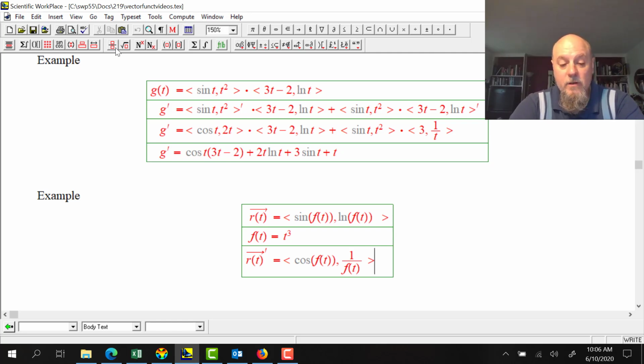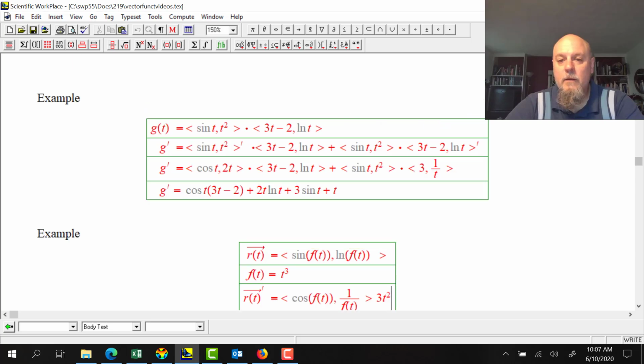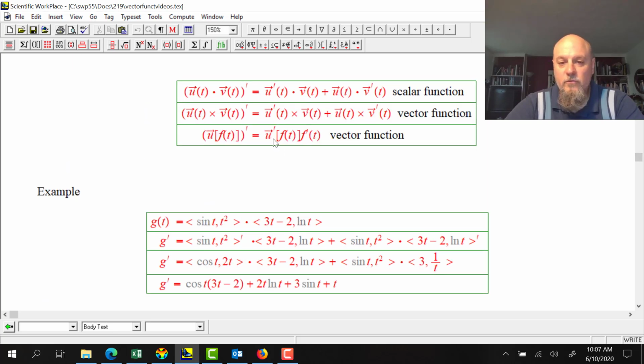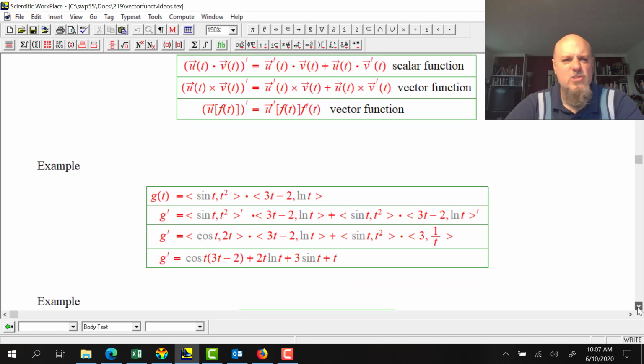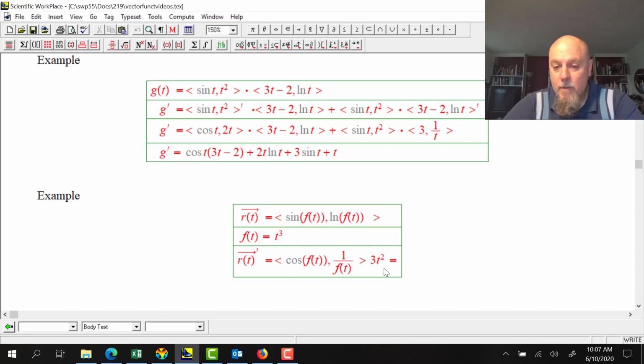So f prime is going to be 3t squared. So there I'm following this rule. I took the derivative of the outside, left the middle alone, times the derivative of the inside function. It's like chain rule.